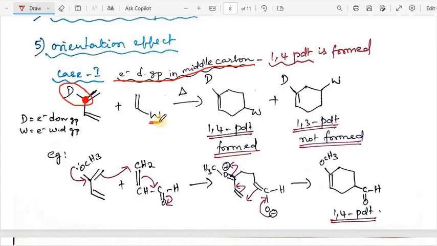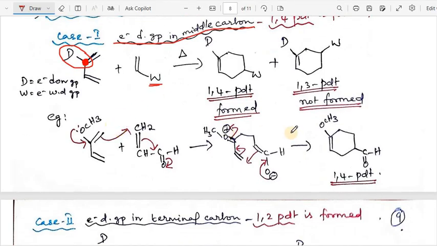Now we are giving the Diels-Alder reaction here. The 1,4 product is formed. 1,3 product formation is also a possibility, but it is not formed here. So if the electron donating group is in the middle carbon of the diene, then the 1,4 product is the dominating product. There are no other product formations.